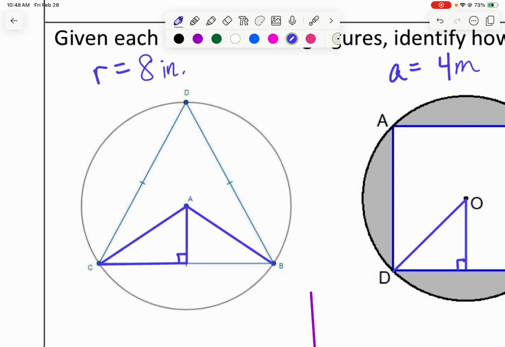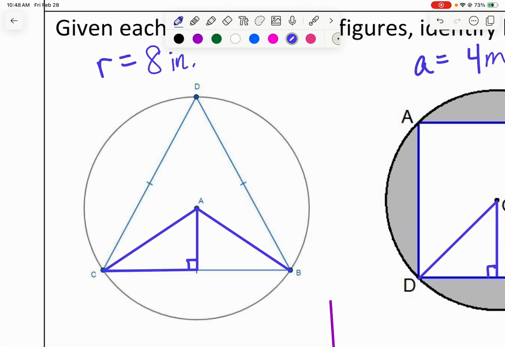So if I'm starting with a radius of 8 inches, I'm gonna label my radius as 8. And then because this is a regular triangle, my central angle here is 120 degrees, right? So if I drew in another radius, this would be 120 degrees from here to here, which means then from here to here is half of that, making this 60 degrees.